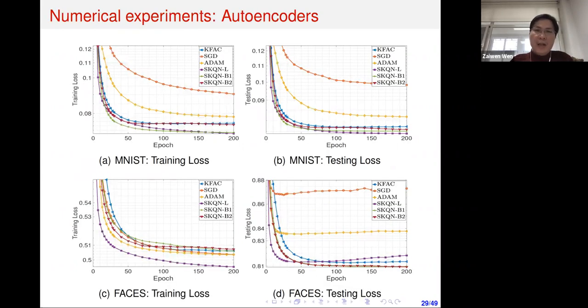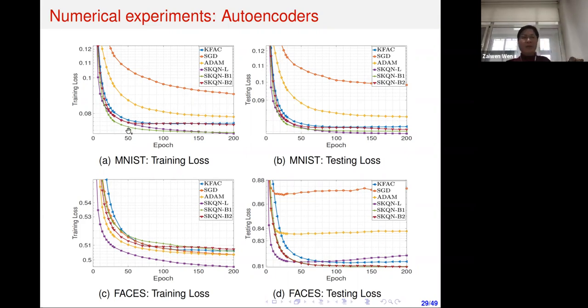These are some numerical results on autoencoders on simple data sets such as MNIST and FACES. So let's look at those curves. At the bottom, SKQN means we use the empirical Hessian matrix, and we have three variants of the quasi-Newton approximation.